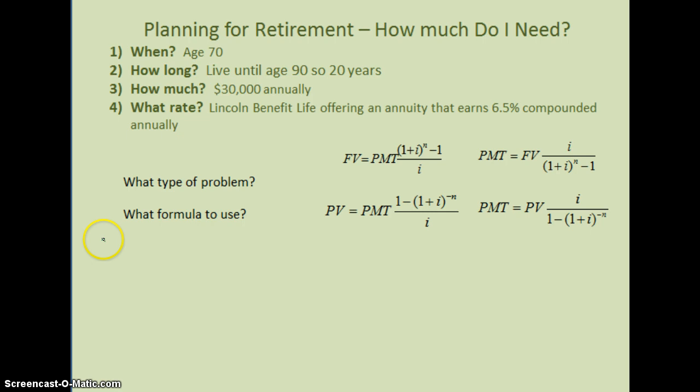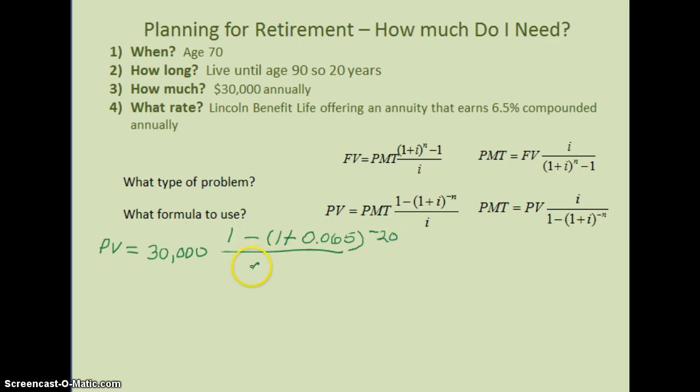So the present value is equal to a payment of $30,000, and this is annually. We have our fraction 1 minus parenthesis 1 plus our rate here. It's compounded annually, so we would divide that by 1, which we don't have to write out, 0.065. And this is to the negative, and we're going to have 20 years of retirement, so the negative 20.